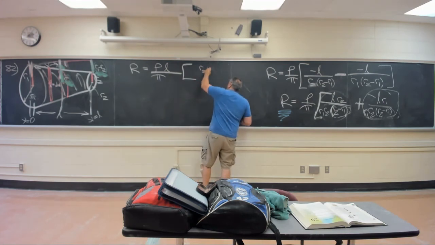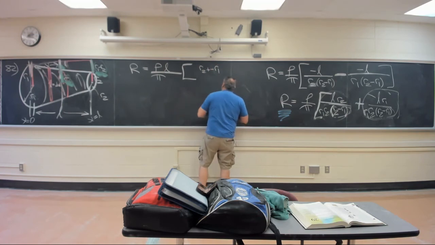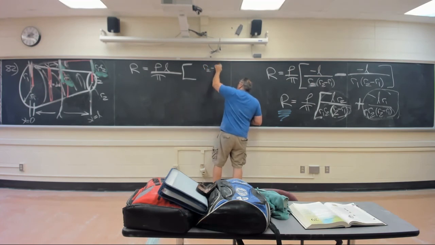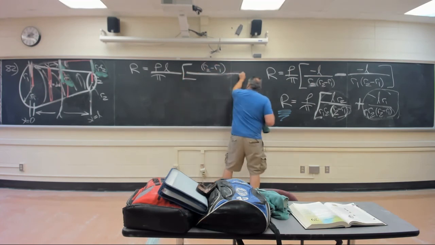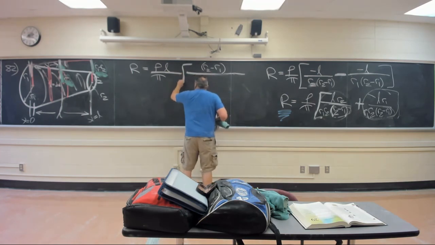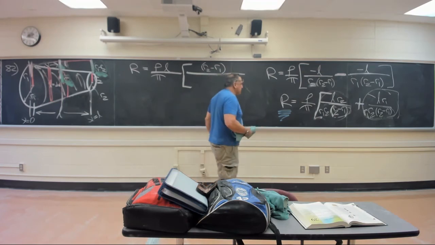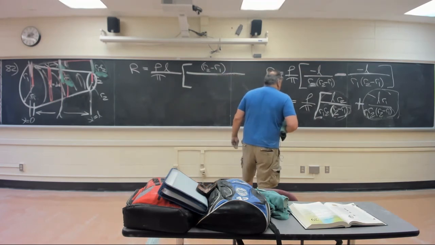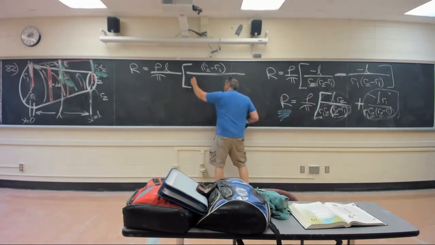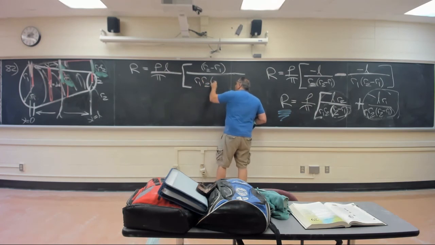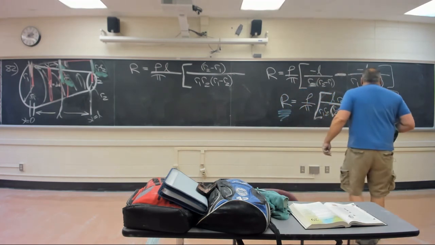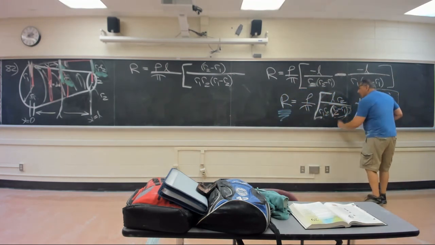Look how it was: R2 plus a negative R1 is R2 minus R1. True, because you worked hard for the common denominator and you got them. R2 minus R1. True.